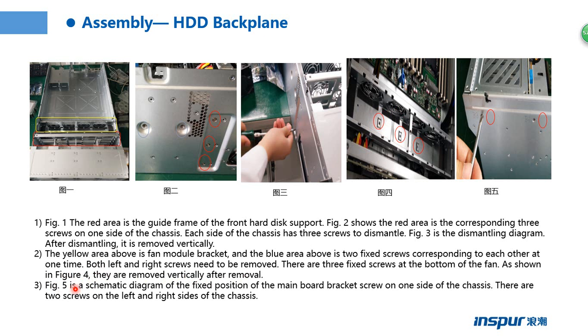Figure 5 is a schematic diagram of the fixed position of the main board bracket screw on one side of the chassis. There are 2 screws on the left and the right sides of the chassis.